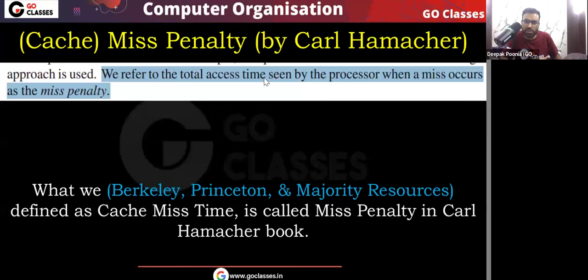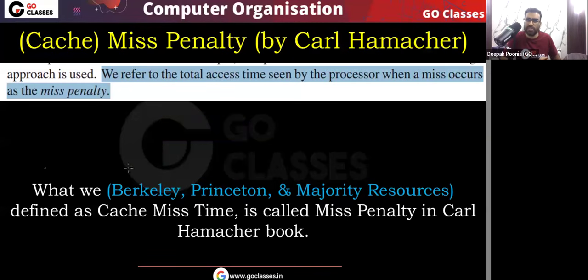But here in the Carl Hamacher book, this total access time seen by the processor when the data is not in the cache memory is called miss penalty. So according to the definition of miss penalty by Carl Hamacher, the miss penalty also includes the time to check the cache memory for hit or miss.